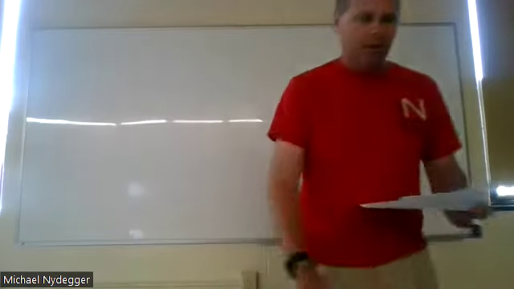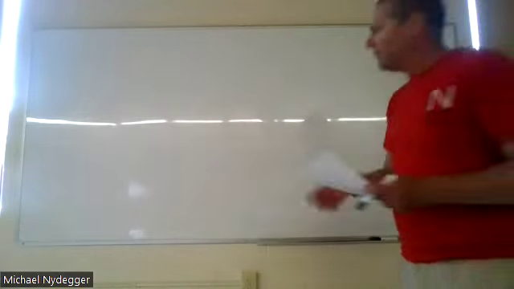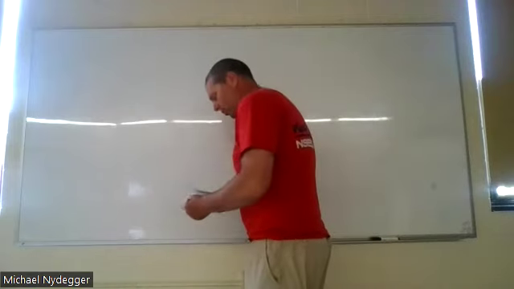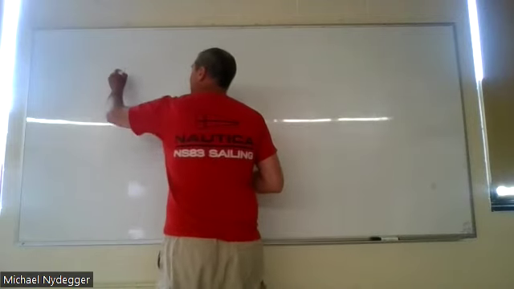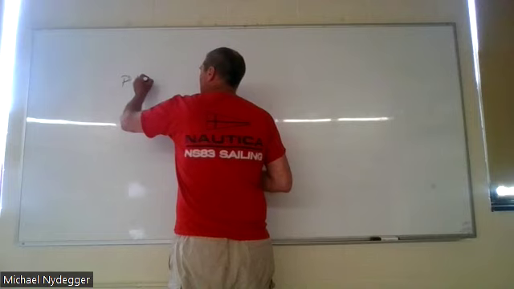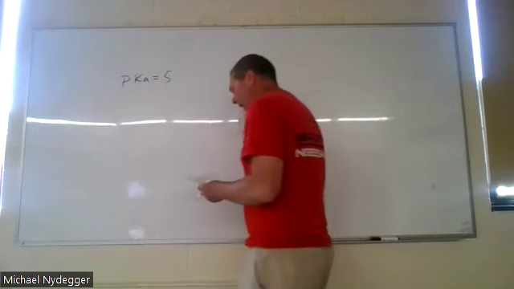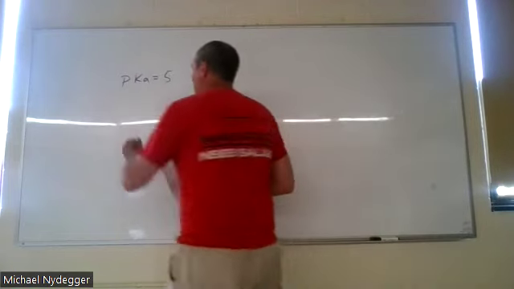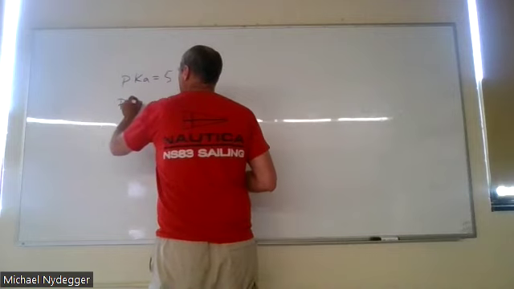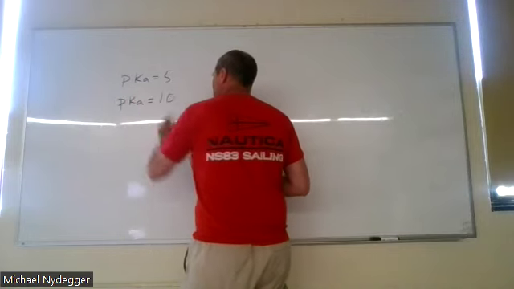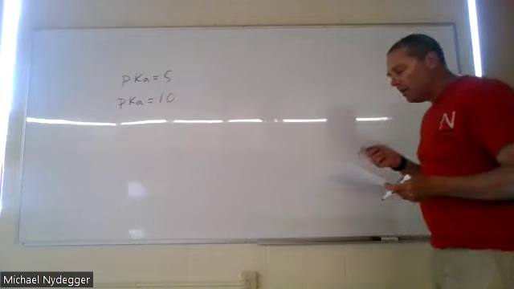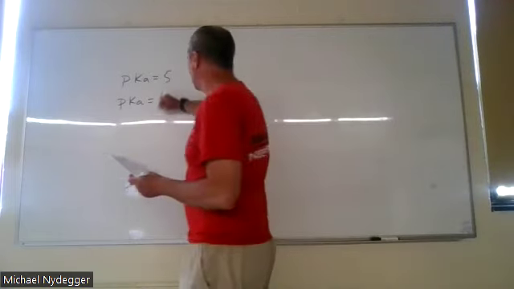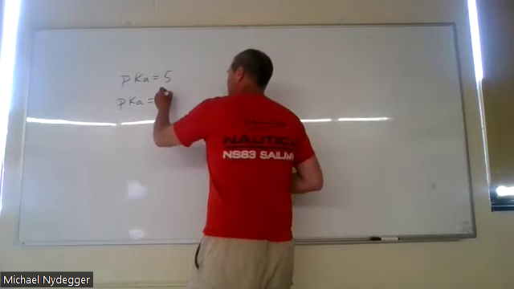All right, so to help build the intuition: if the pKa of an acid is 5, and the pKa of another acid is 15. Oops, sorry, not 10, I got ahead of myself. 15.